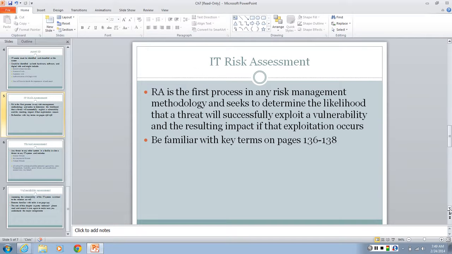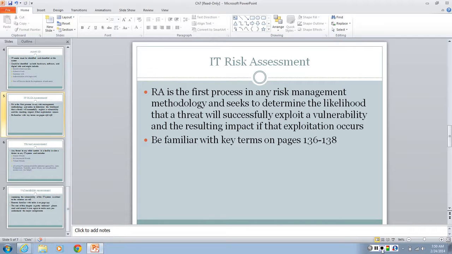On page 136 to 138 of your textbook, there's a list of terms: confidentiality, availability, exposure. Make sure you're familiar with exposure. Countermeasures. Make sure you're familiar with what countermeasures are, what criticality is, hybrid assessment, integrity, qualitative and quantitative assessment. I apologize again.